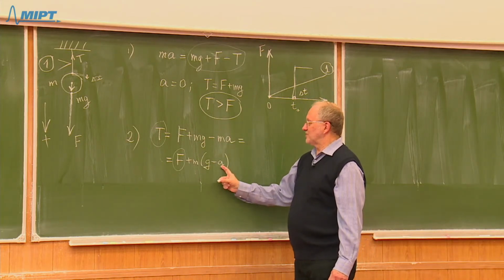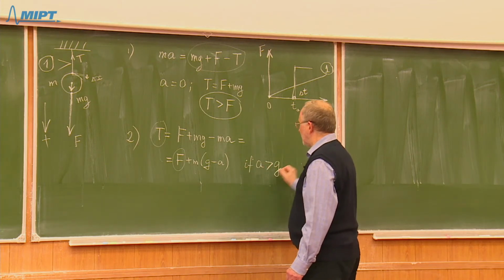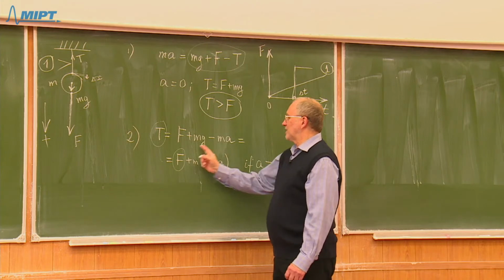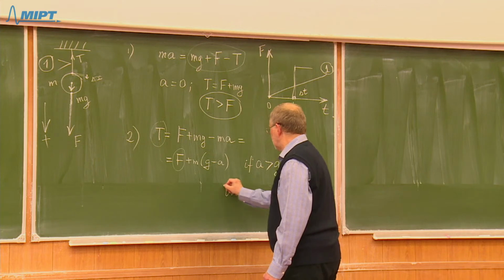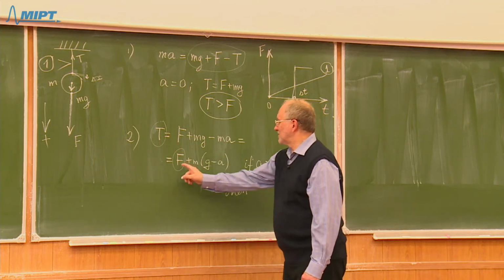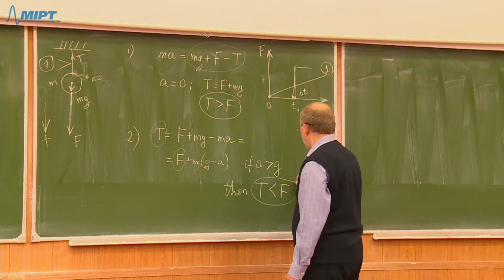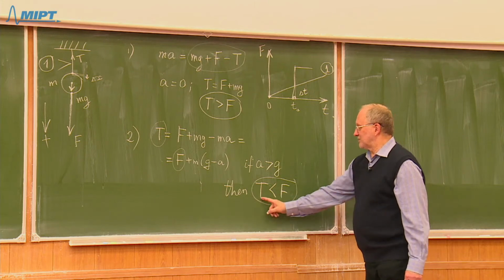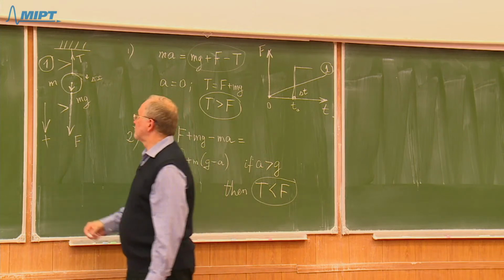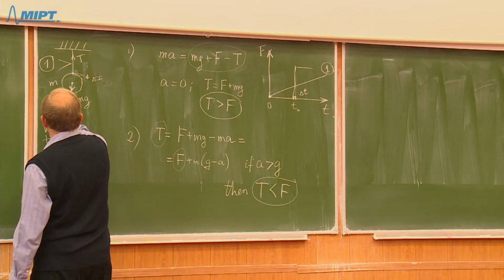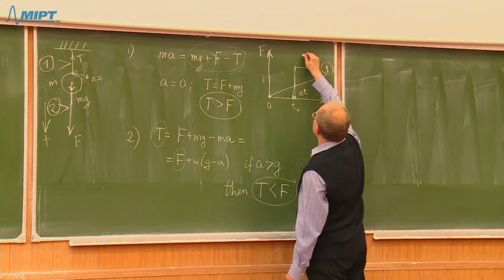But if the acceleration is very large, if a is larger than g, then this term becomes negative, and then the force T will become less than force F. In this case, F will be larger than T, and therefore the lower string will be the first to break. That is the second case here, and the second case is described by this curve.